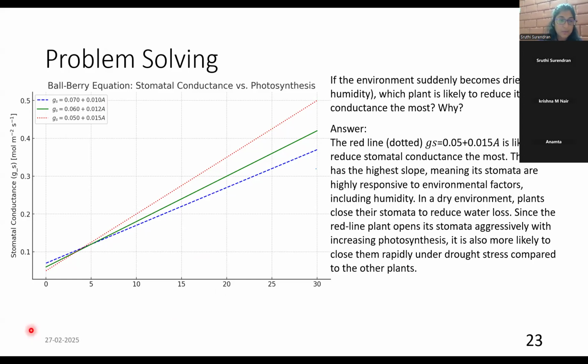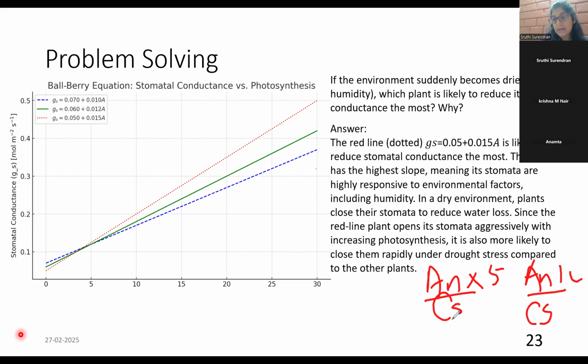So for the same value of photosynthesis, say you're estimating 0.05 plus 0.05. If the AN value and CS value is not changing, and this is 5, and then this is 10, then this value is going to again be the one that is reducing.